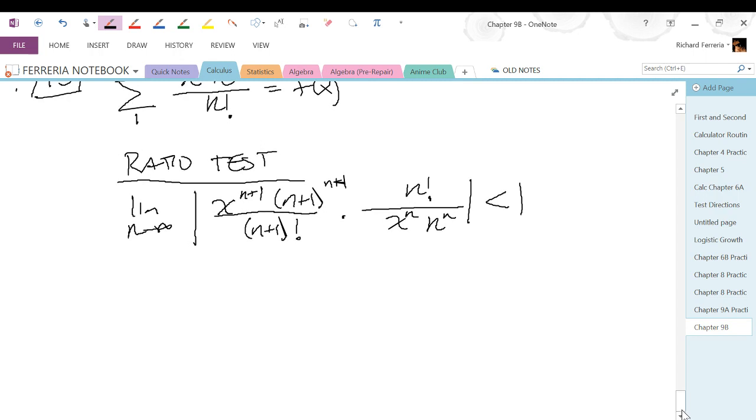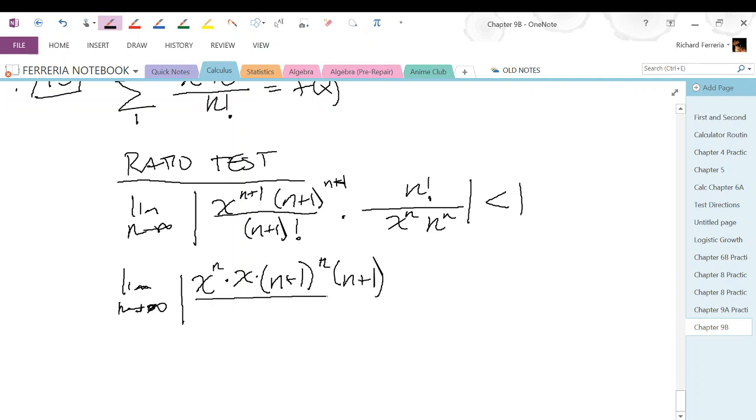Okay, let's simplify that slowly. This is the limit as n approaches infinity. That's x to the n power multiplied by x. That's n plus 1 to the n power multiplied by n plus 1.